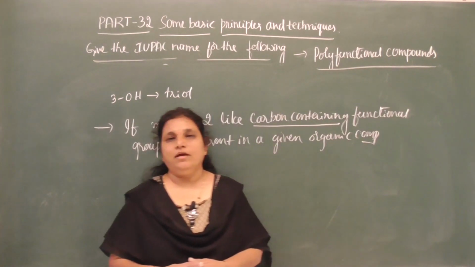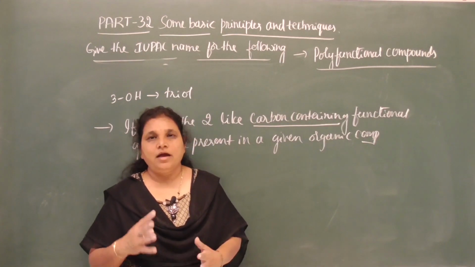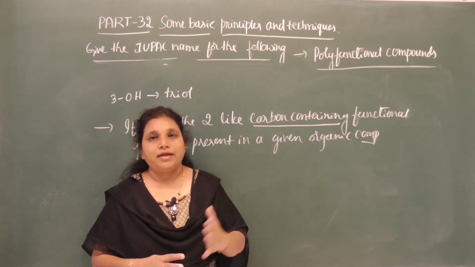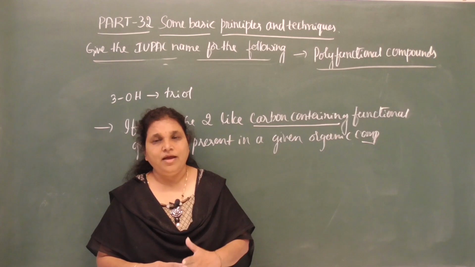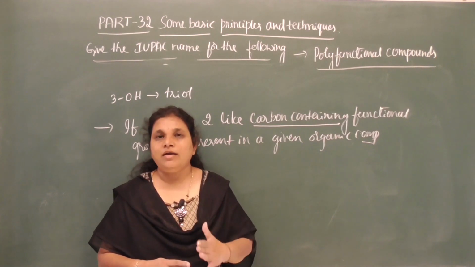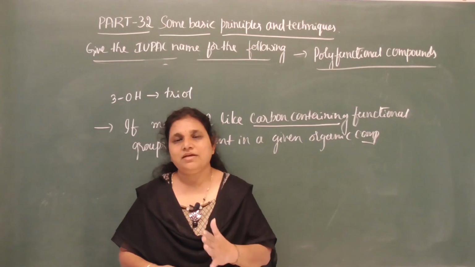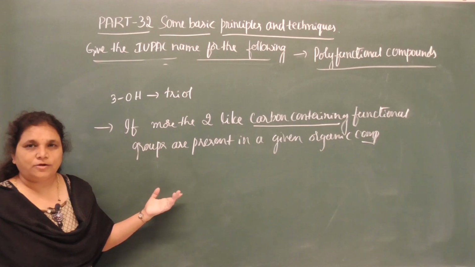It may be the aldehyde, carboxylic acid, amide, acid chloride. I am not taking the name of ketone and the esters because they also contain carbon, but they are non-terminal functional groups, so we cannot consider those functional groups here.